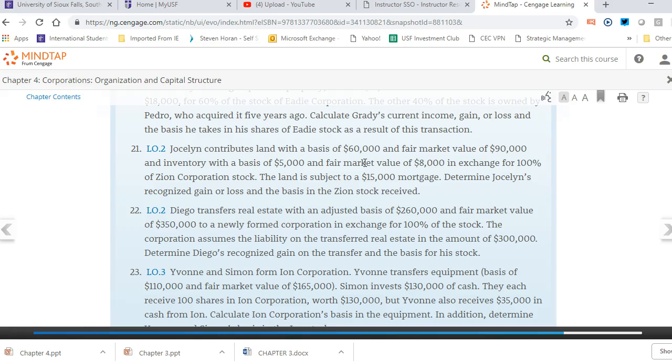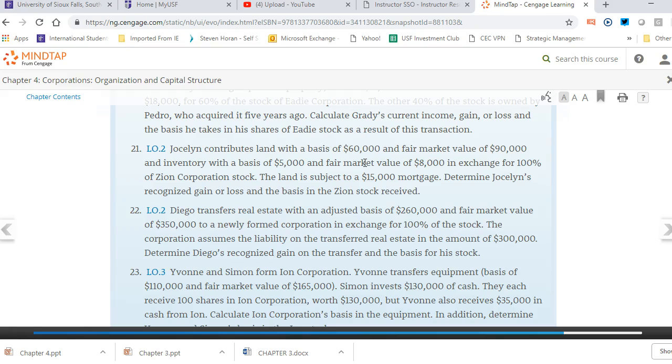So that person says, let's turn this into a C Corp. No different for Jocelyn. We don't know the whole reason she's doing it, but that could be a reason why. So she has land currently, and that land has a mortgage on it.